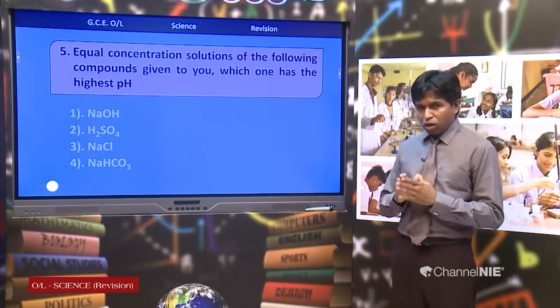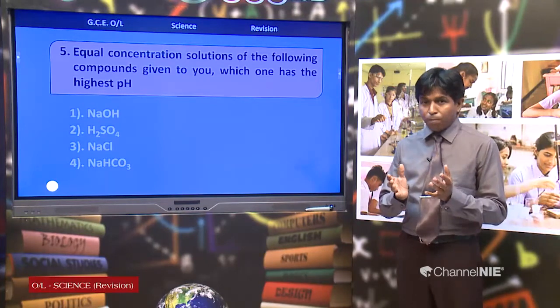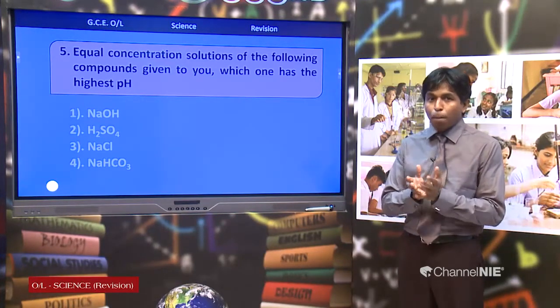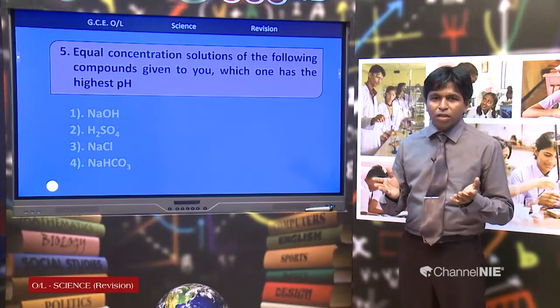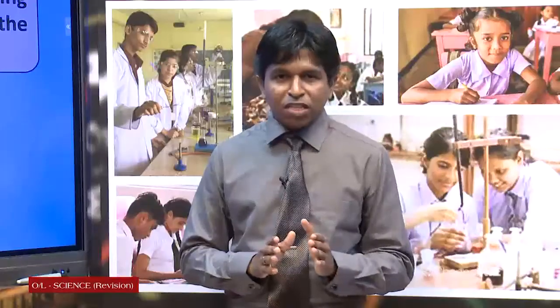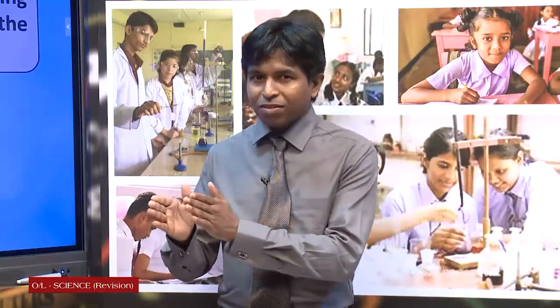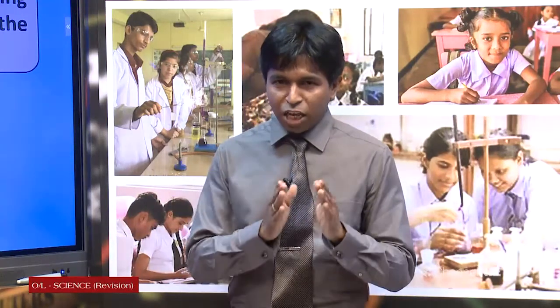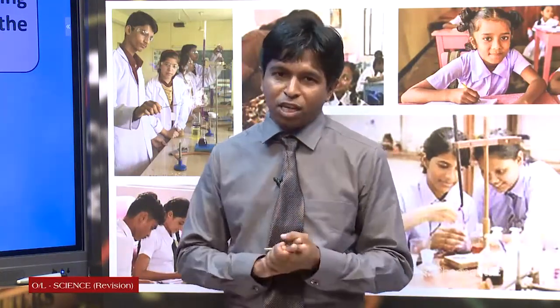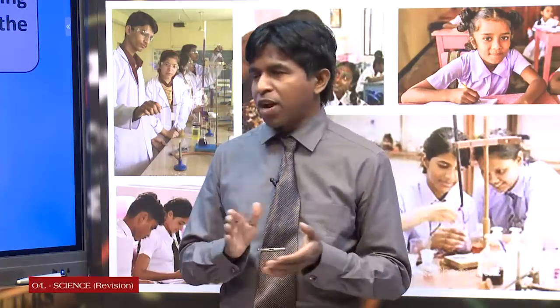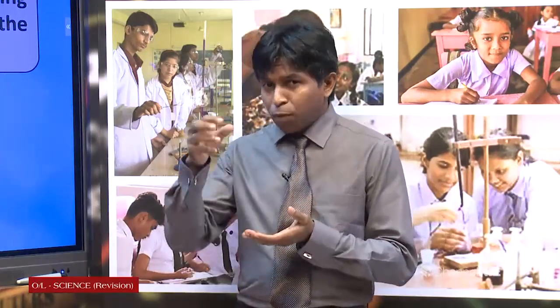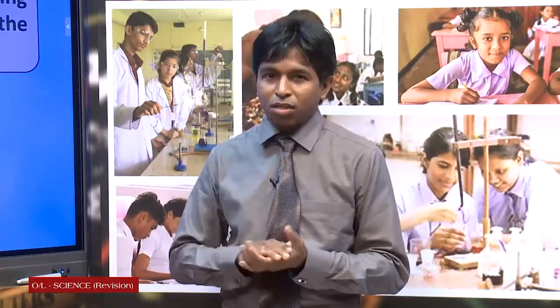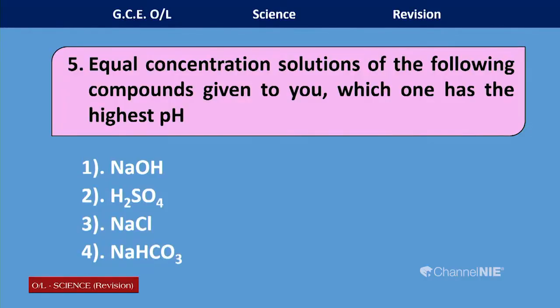Imagine you take a sample of distilled water or pure water. It is neutral. The reason is that the H plus ion concentration equals the OH minus ion concentration. A neutral solution has an equal amount of H plus and OH minus. But when you put sodium hydroxide into a neutral solution, the OH minus ion concentration increases above the H plus ion concentration, and then the solution becomes basic.